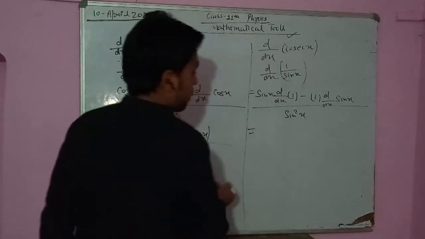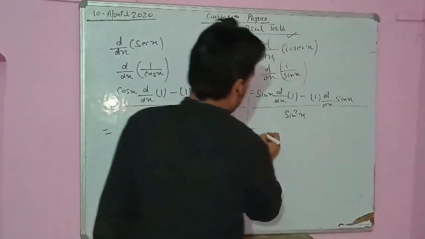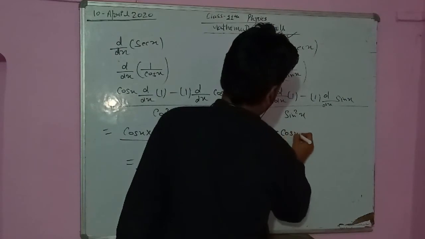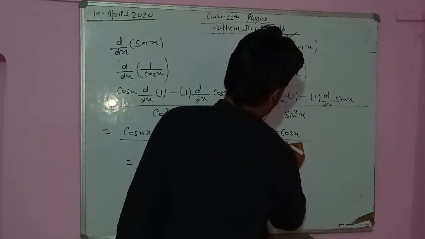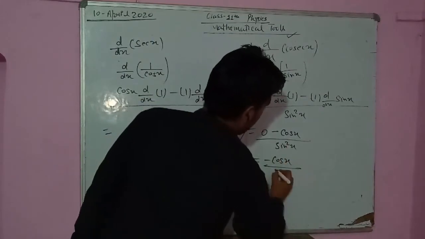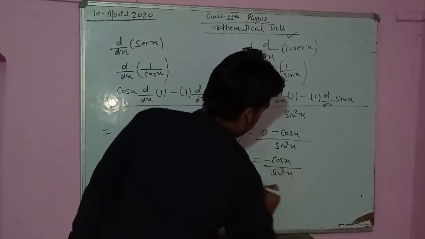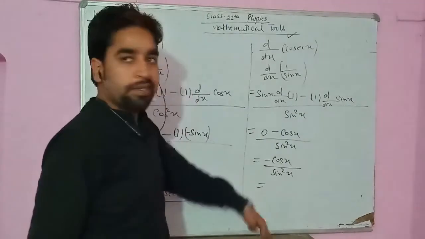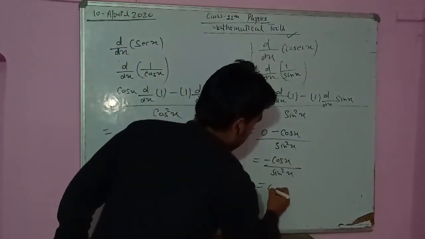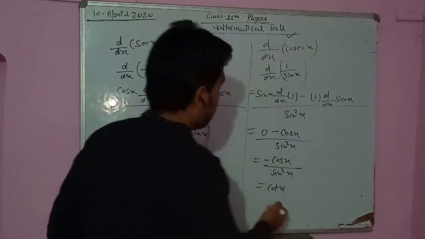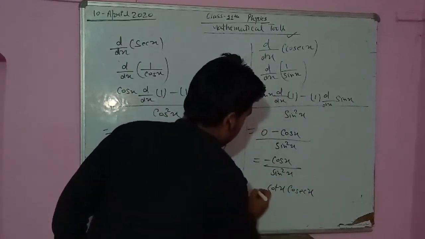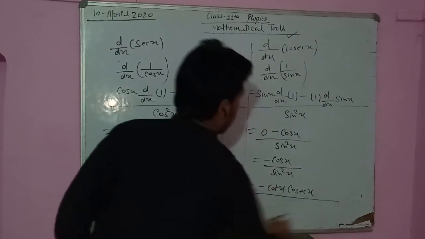Differentiation of a constant again, 1 is a constant, so 0. 0 minus d upon dx sin x, cos x, divided by sin square x. Now 0 minus cos x, we will get minus cos x divided by sin square x. Now simplify this ratio a little. You will get cos upon sin is actually cot, and 1 upon sin is cosec. But don't forget there is a negative sign also. So this is the differentiation.